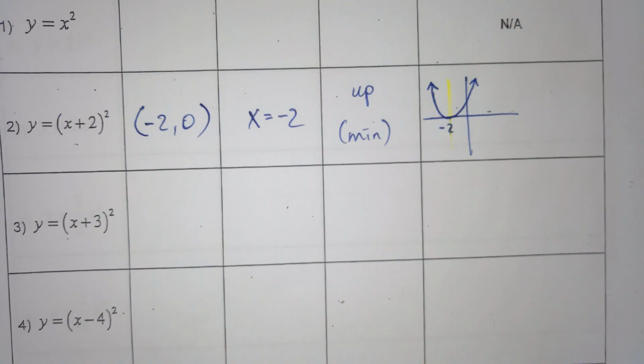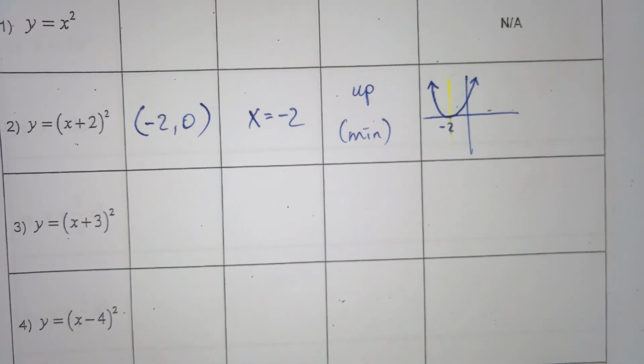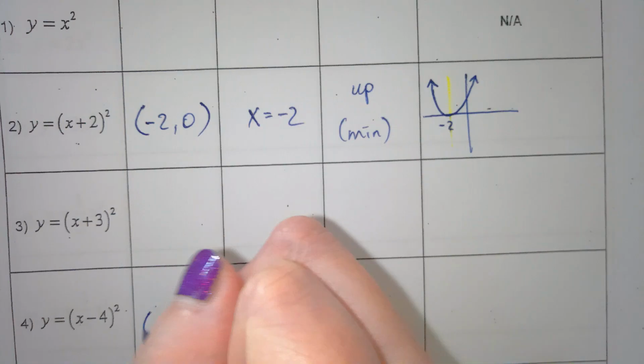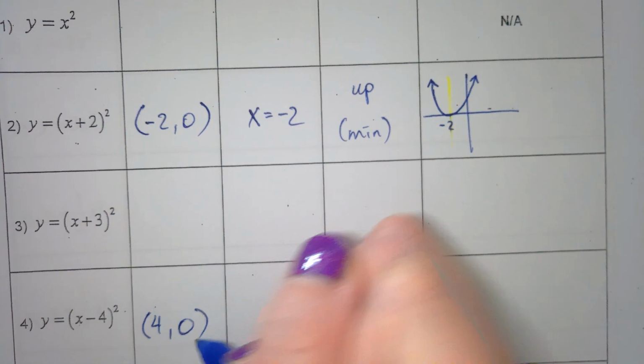Just to the right. So 4, 0. Okay. So x minus 4 means that it's gonna go to the right by 4. So this one is 4, 0.